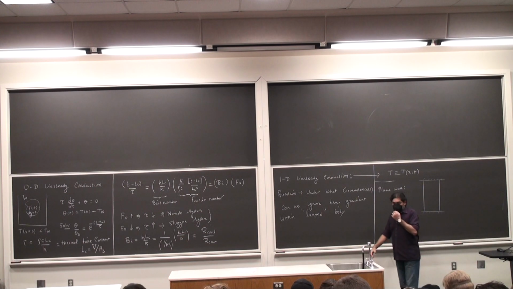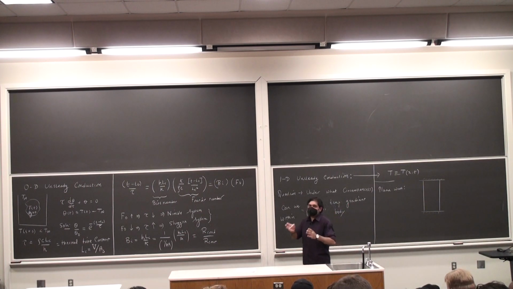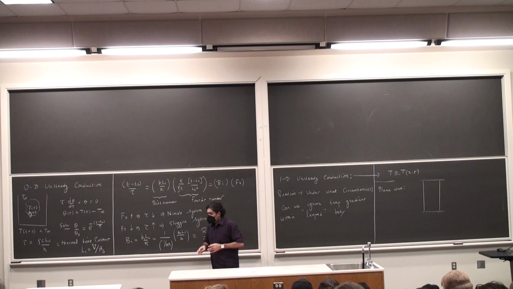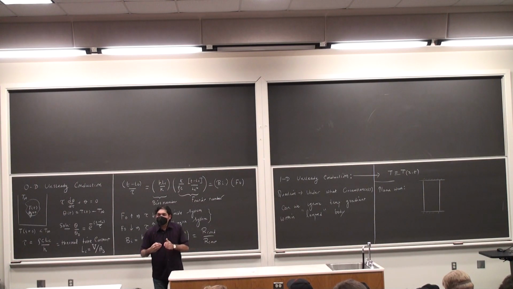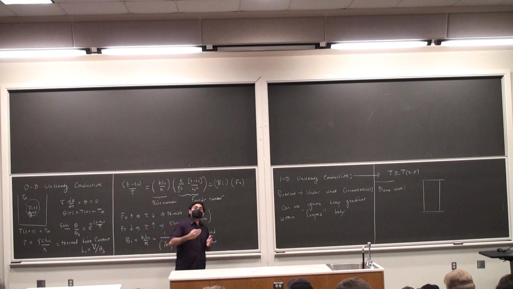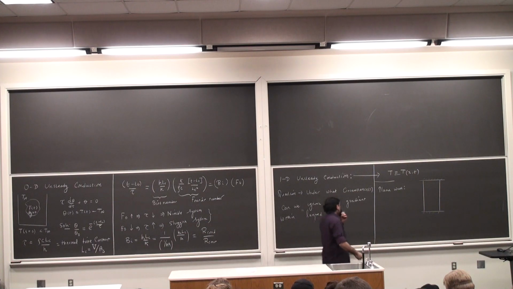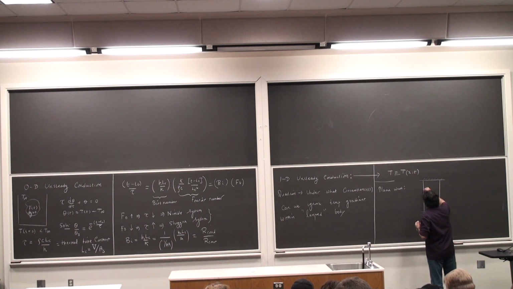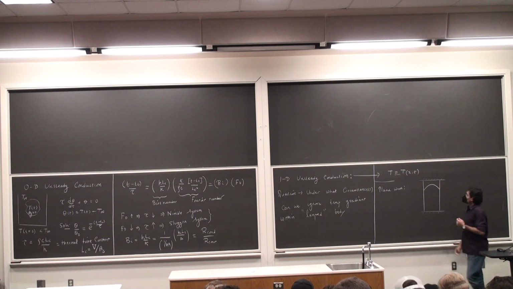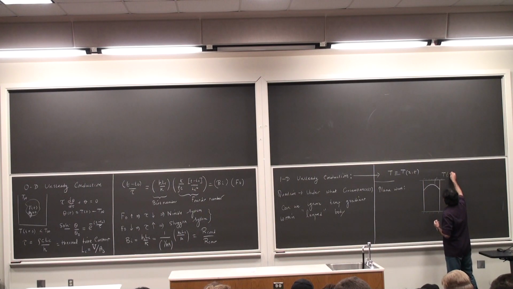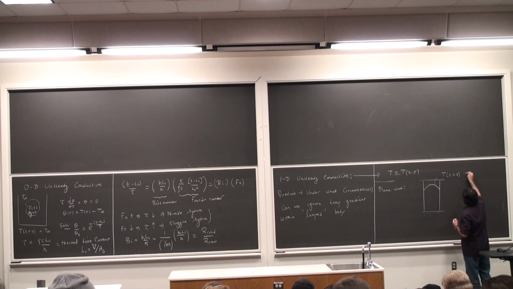And I'm going to say that before time starts, maybe there was some heat generation within the body. And so the profile at time t equal to 0, just before time starts, is some kind of a parabolic distribution of the following sort. So this is my initial condition. This is at t equal to 0.